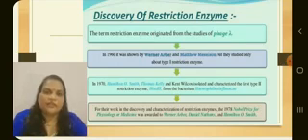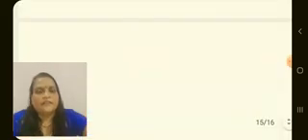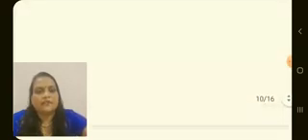Then their role in cutting the DNA was studied and their importance in genetic engineering was understood, and for this work they were awarded the Nobel Prize for Physiology or Medicine in 1978. This Nobel Prize was given to Werner Arber, Daniel Nathans as well as Hamilton Smith. The restriction enzymes are categorized into various groups.